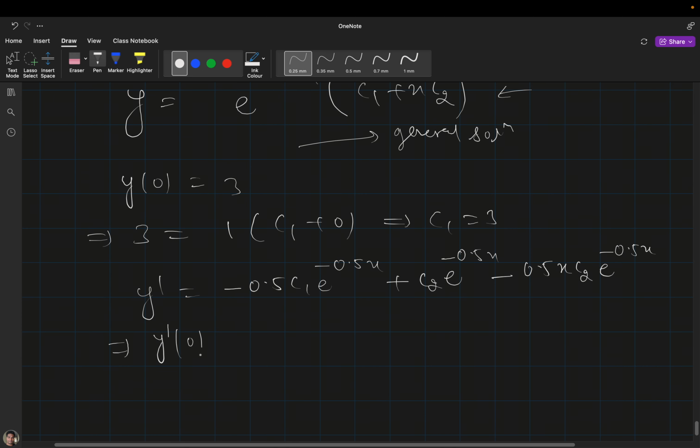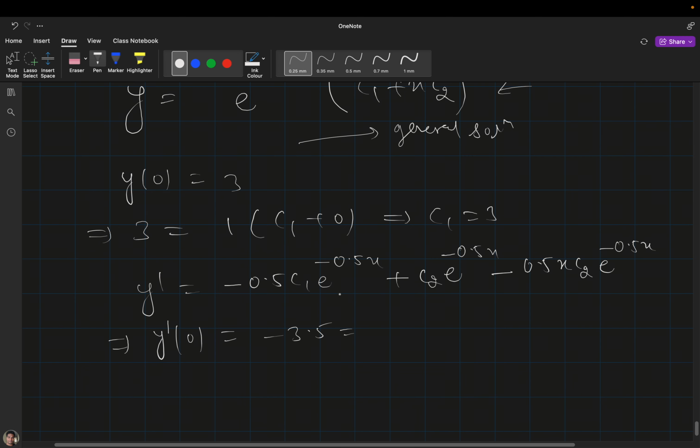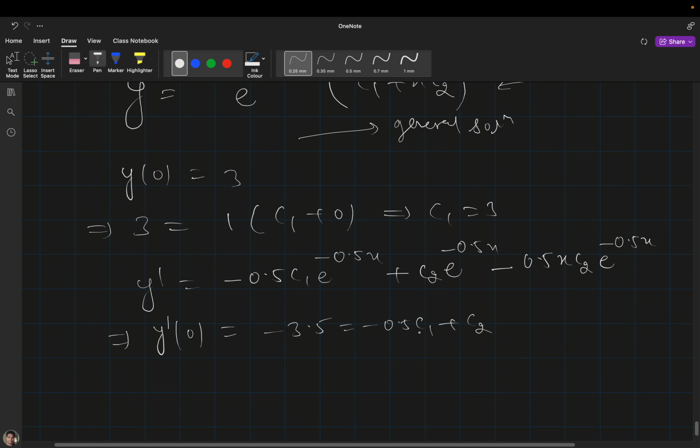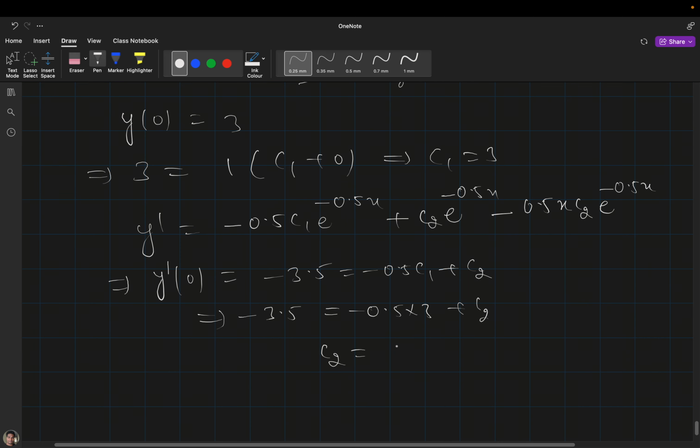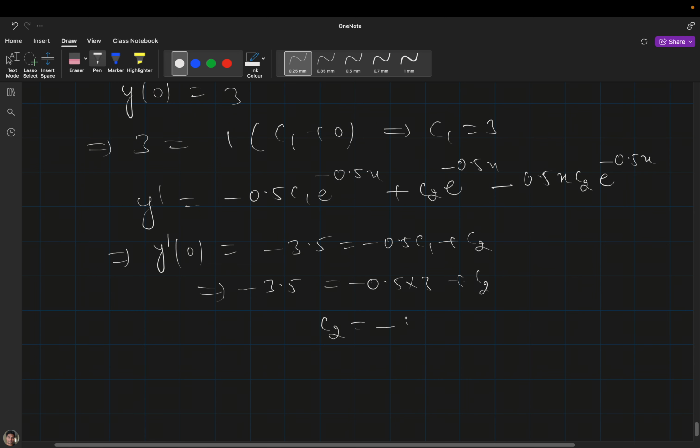The condition says y'(0) equal to minus 3.5, which means that everywhere you substitute x equal to 0. You will get minus 0.5 c1, this becomes 1, this becomes 1, so c2, and this becomes 0. So minus 3.5 equal to minus 0.5 c1 plus c2, and since we know that c1 equal to 3, you will get c2 equal to minus 2.